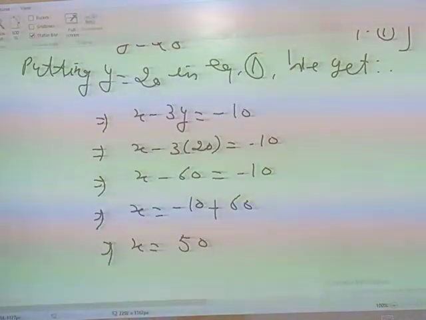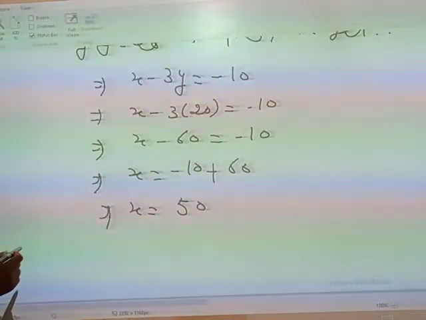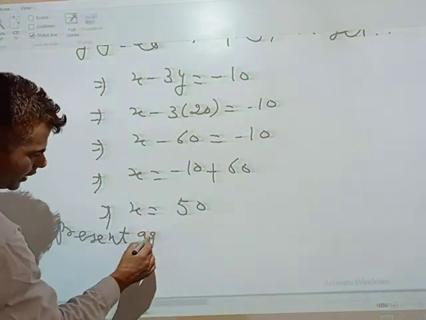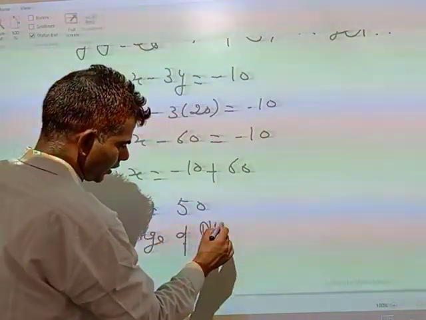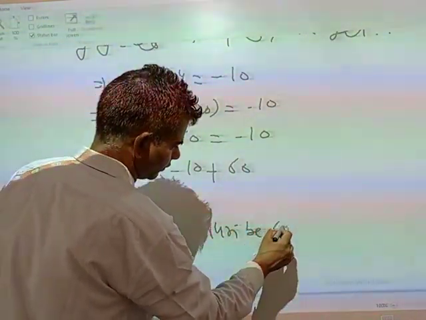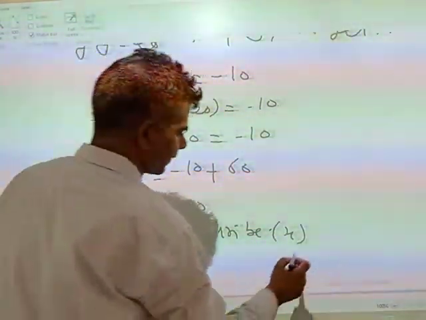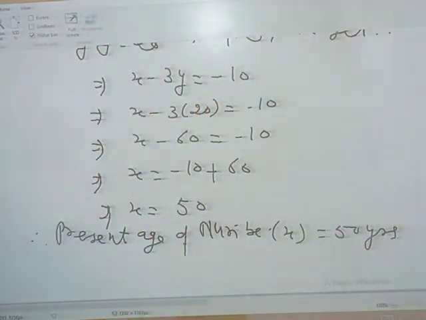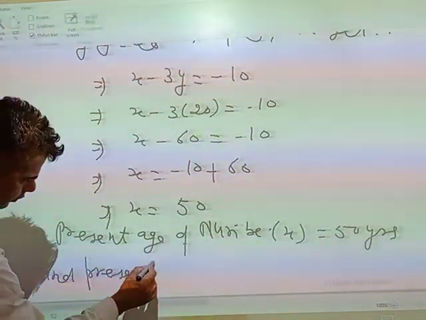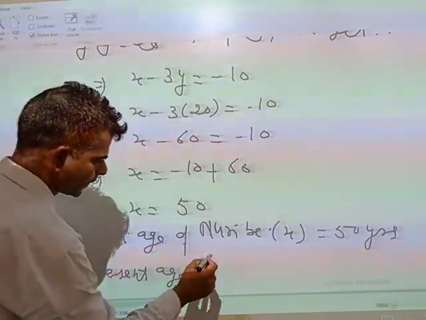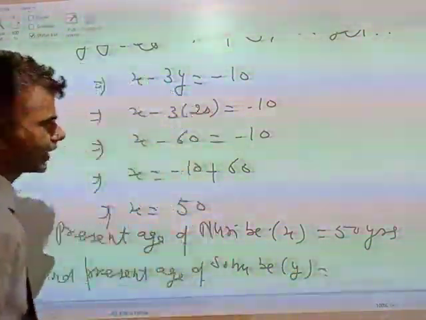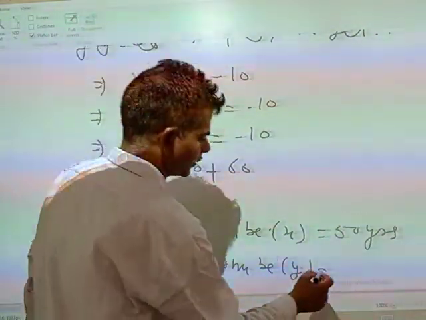Now, students, the present age, therefore, the present age of Noori is 50 years, and the present age of Sonu is 20 years.